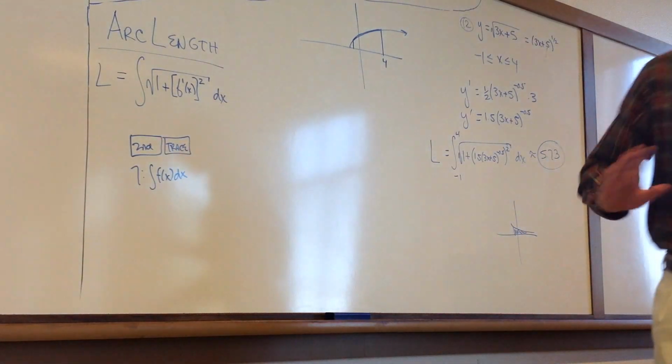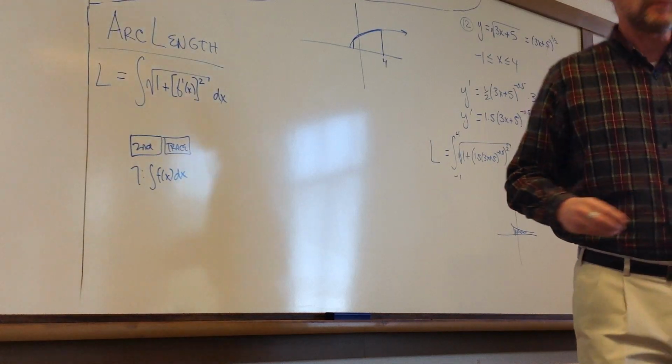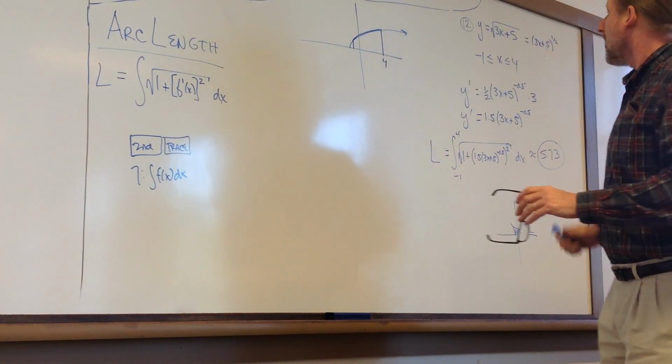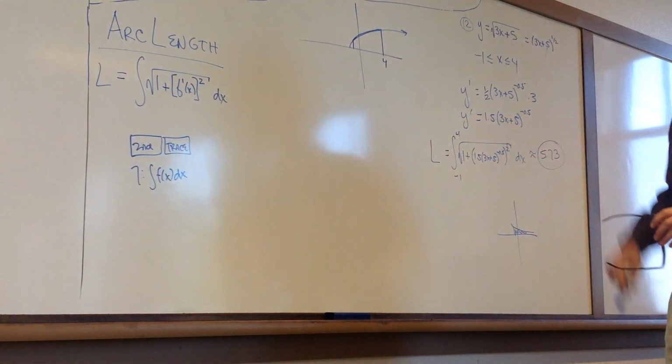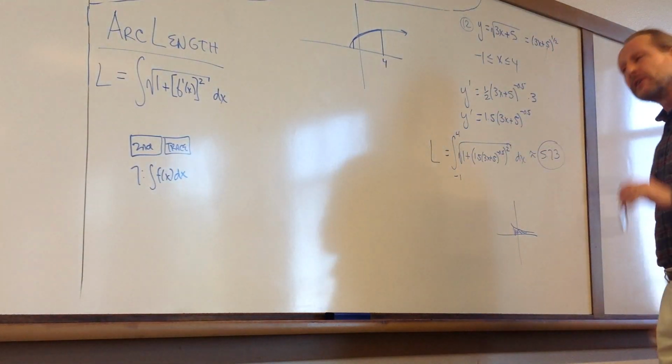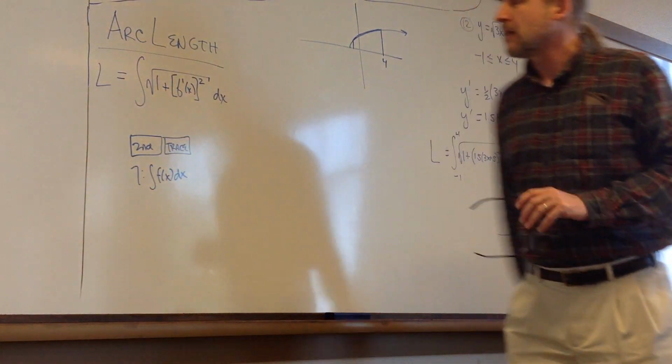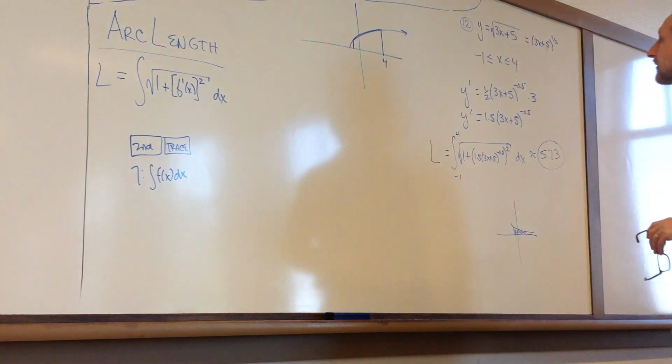Okay, so like I said, these arc length problems are not all that tricky. It takes a little bit of getting used to, getting this entered properly into the calculator, making sure that you find the derivative correctly, and then getting used to using this feature on the calculator.